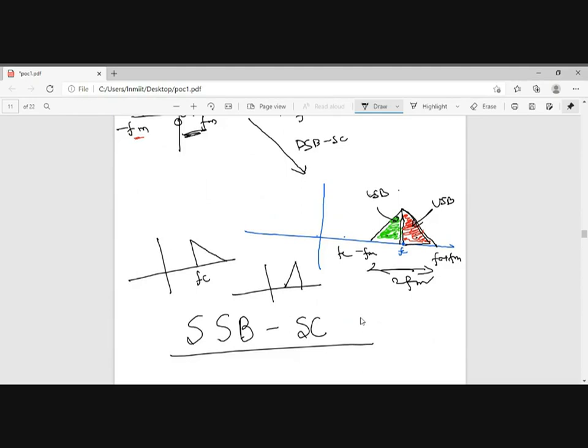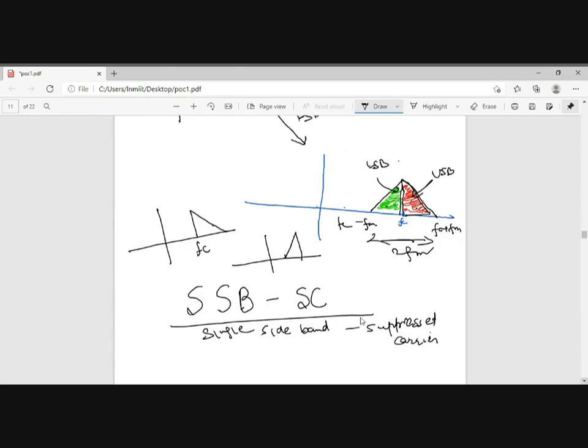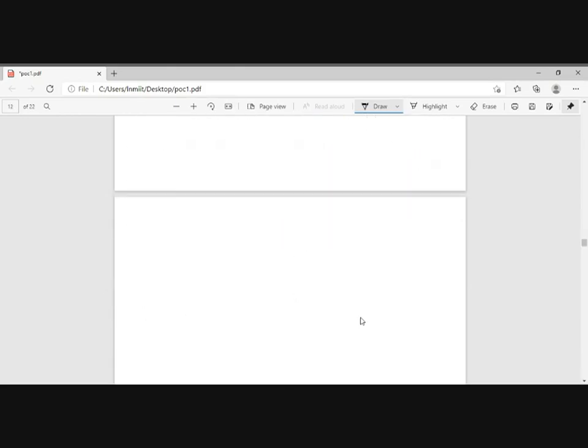Okay. So if we are talking about these things, we are talking about the single side band with suppressed carrier. Okay. So let's start with this topic, single sideband with suppressed carrier, SSB-SC.